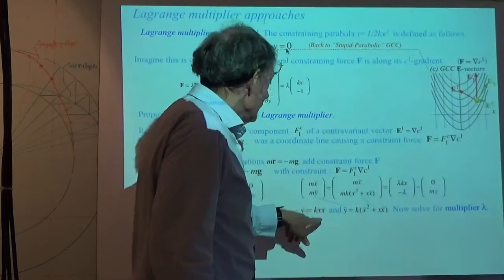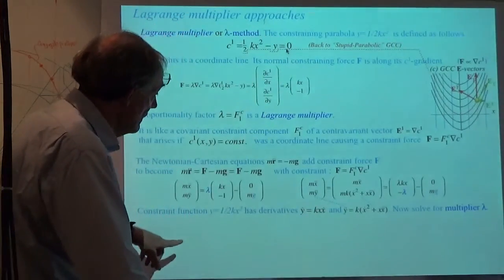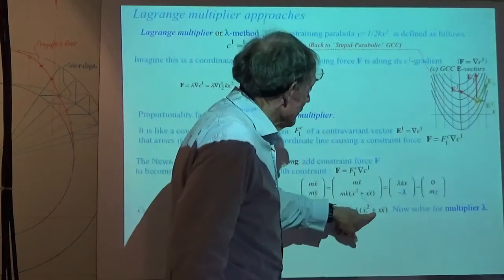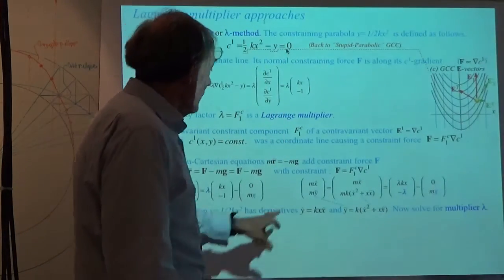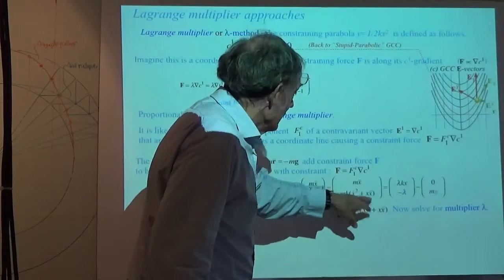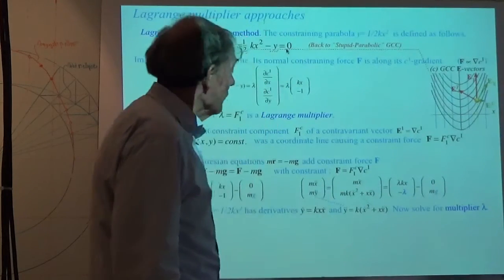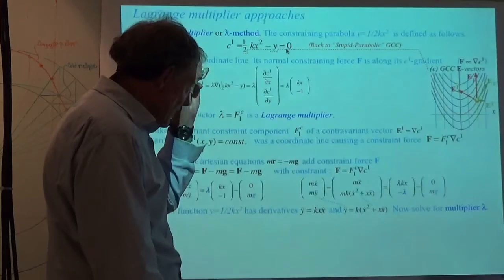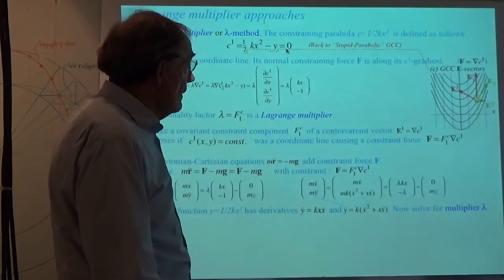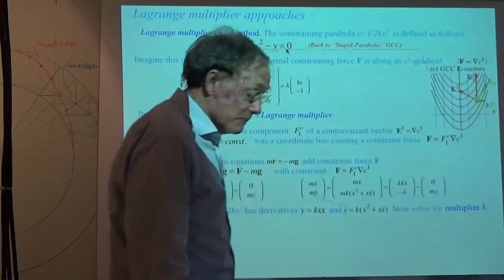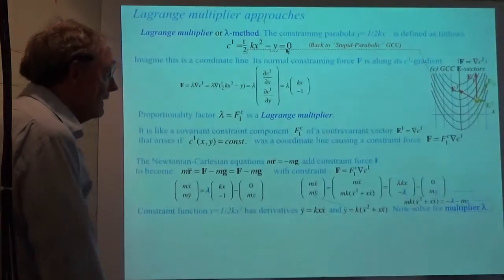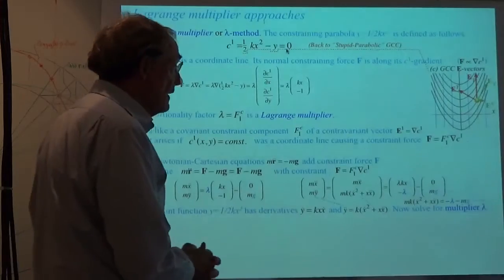Y dot is this. Okay? Y dot is this. So we go ahead and set it equal to this particular one. We're getting rid of the y's this time, writing everything in terms of x. And there's the Lagrange multiplier, and there's the gravity. Okay? So you get an equation that looks like that.